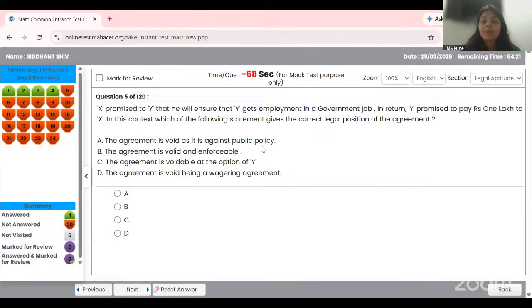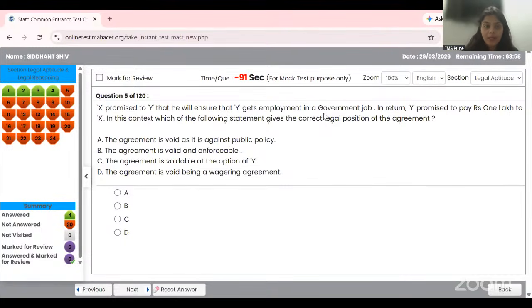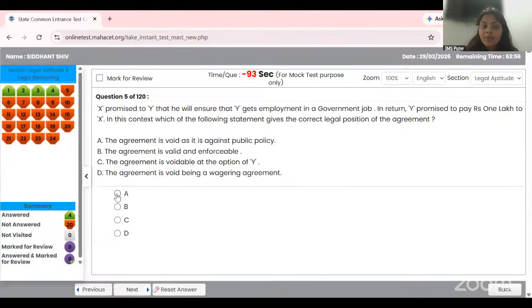And here, sale and purchase of government office is something which is against public policy, because here the person is saying that I will ensure that you get an employment. So I am going to do something that is going to give you employment there, right? And for that I'm charging something, so I'm selling that government job to you. That is not allowed because it is a merit based profile. So such kind of agreement will be void.